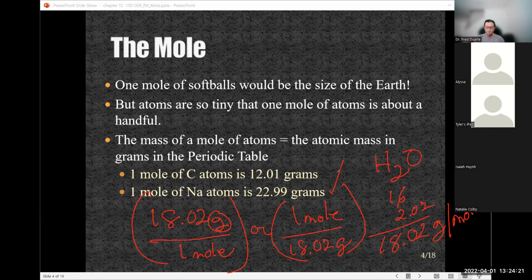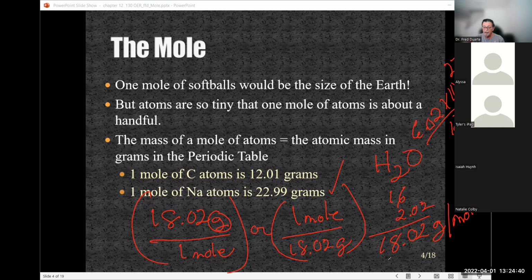Okay. All right. So 18.0 grams per mole, which means that in 18.02 grams of water, we have 6.02 times 10 to the 23rd molecules of water.